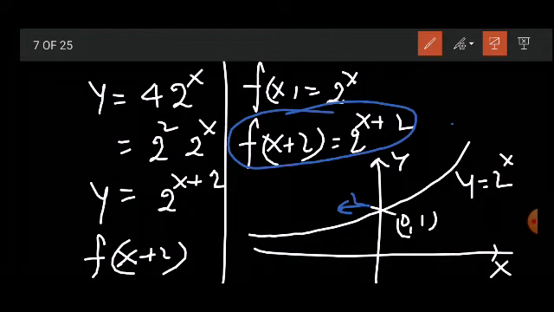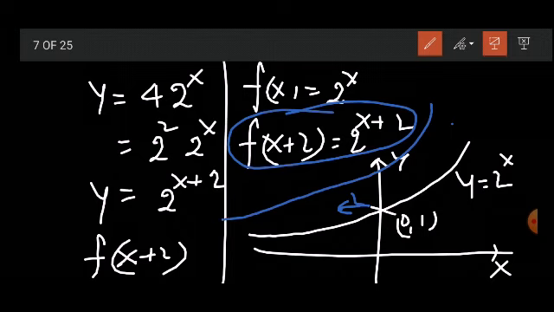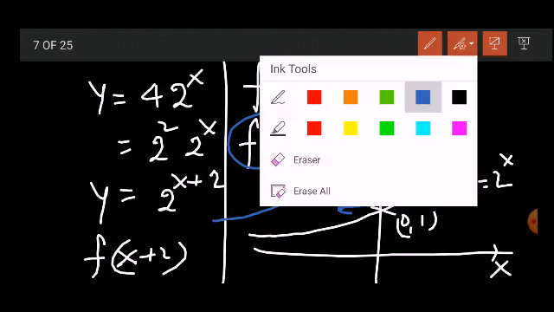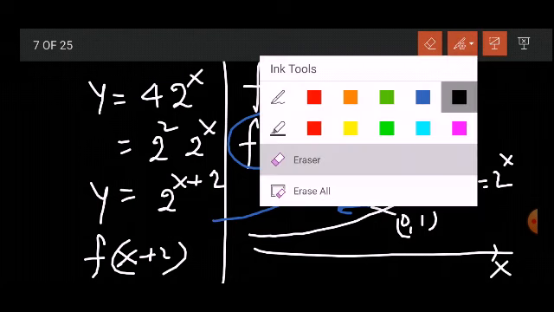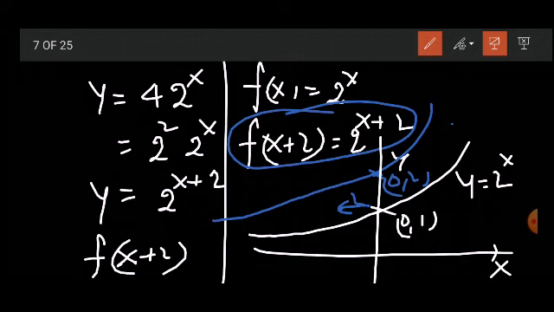So it comes this way, and here this one is y, which will become 0 comma 2. Let this be 2 units, and this is the y axis. You see this part is 0 comma 2, and the graph goes this way.